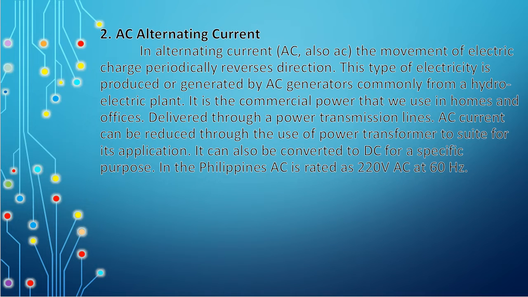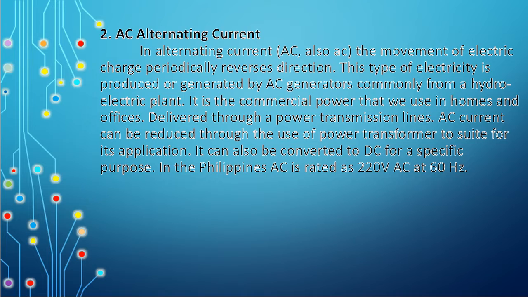Then for alternating current, the movement of electricity or electric charge periodically reverses direction. This type of electricity is generated by AC generators, commonly from a hydroelectric plant.